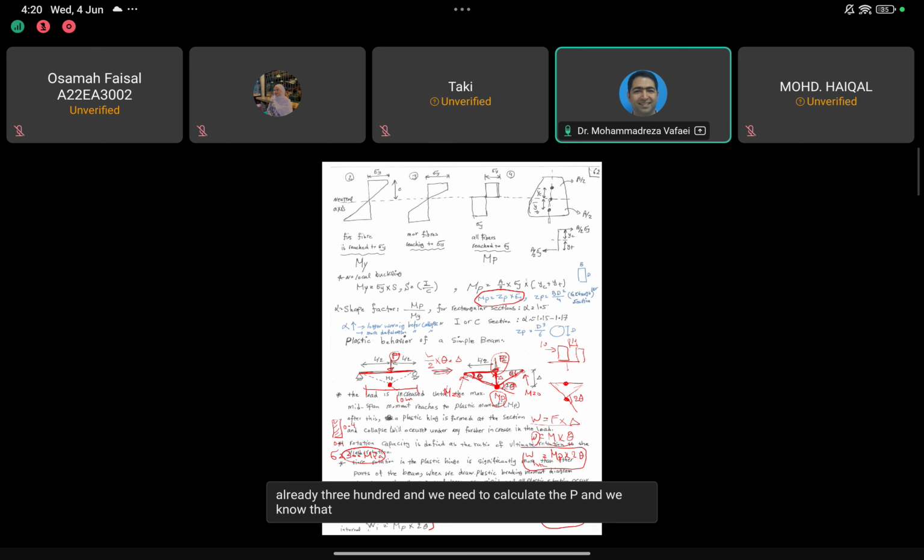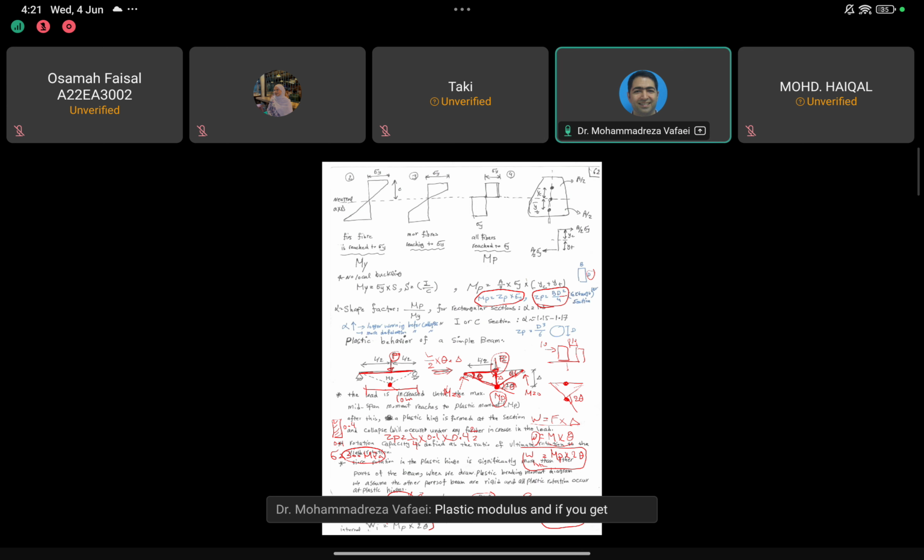And we know that ZP for rectangular cross section comes from this equation. So you can easily write down that ZP is 1/4 multiplied by B, here 0.1, multiplied by D, which is the height, 0.4, and it should be power 2. So from there, you can calculate the value of plastic modulus.